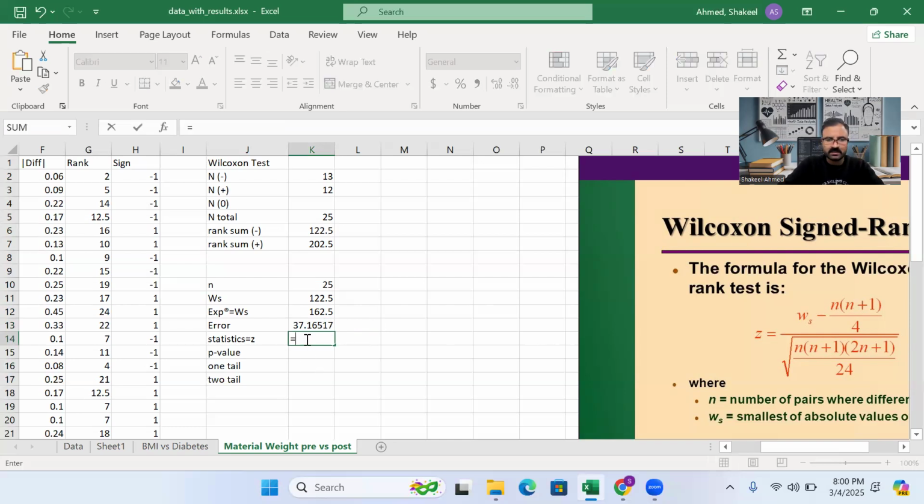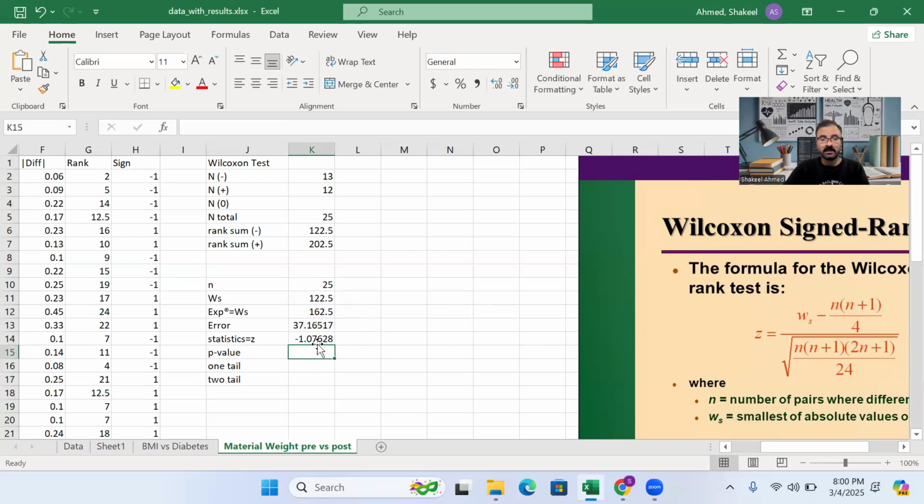And now we can find the z statistic using the Wilcoxon value minus the mean and divide by the standard error. So it's minus 1.076, and we can compare it to the critical value of the z, that is 1.96 if we take alpha as 0.05. So it does not provide evidence of significant difference between the material weights in the two groups.